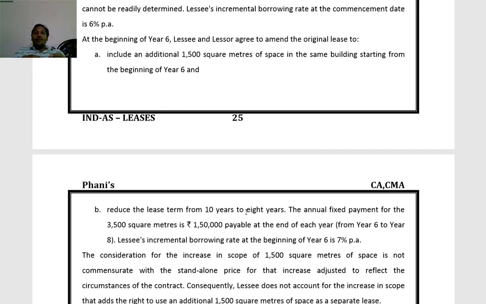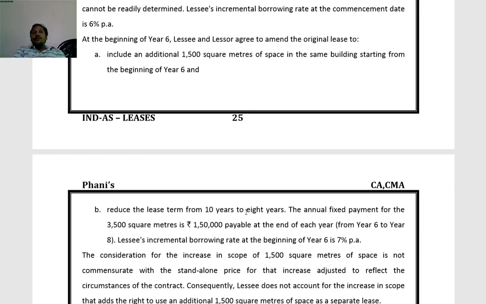So, I am repeating, at the end of 5 years, 5 more years are there. Now we are reducing it to 3 years, which means a 2 years portion we have to reduce.